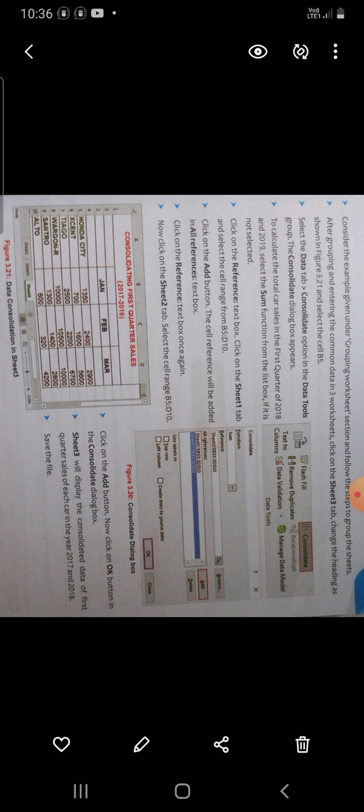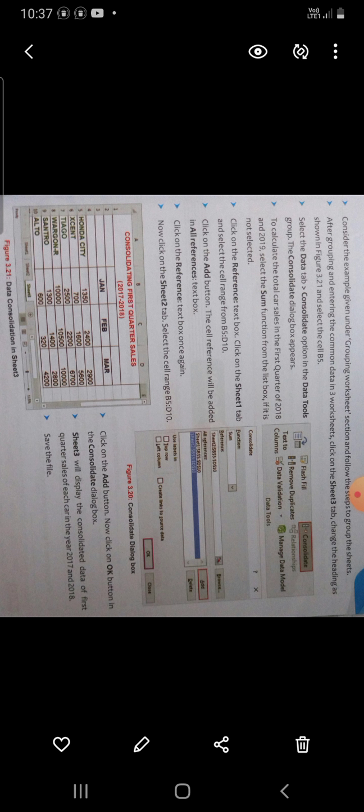Here I just forgot to slide the sheet, so don't get worried. As we can see in Figure 3.21, it consists of the consolidated data of Tables 3.18 and 3.19. As we can see, the column January consists of the sales of Honda City of the years 2018 and 2019, that is 1350. Just look at Table 3.18.